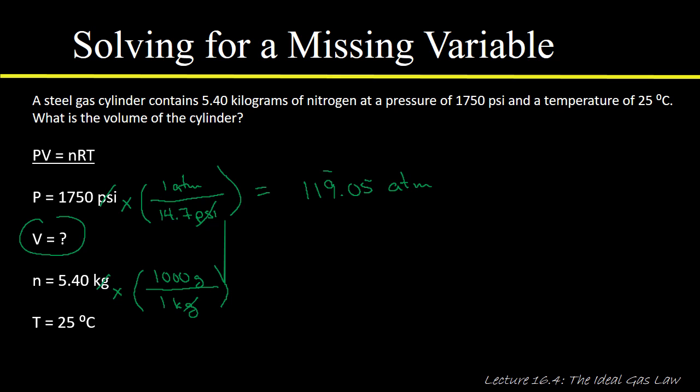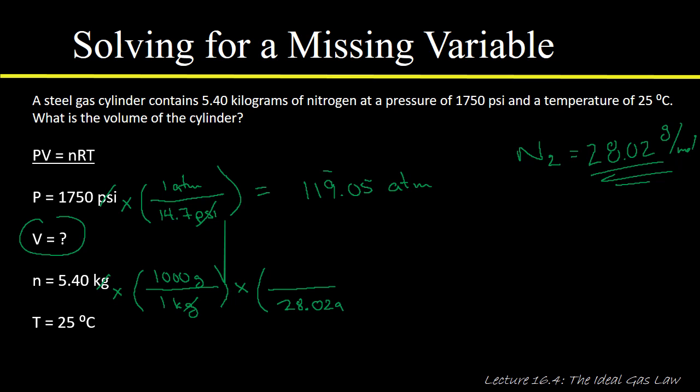And if this is nitrogen, remember nitrogen is diatomic. So if you look at the periodic table, you should be able to get the molar mass for N2. Nitrogen's 28.02 grams per mole. So let's add a second conversion step here. 28.02 grams per mole.